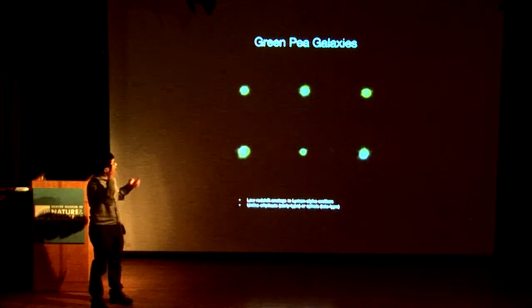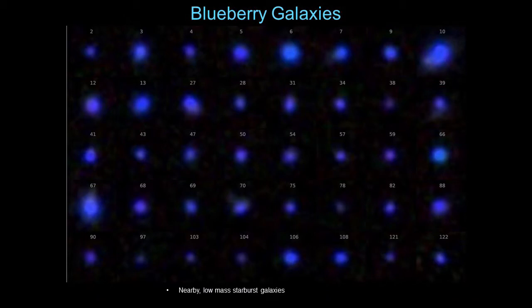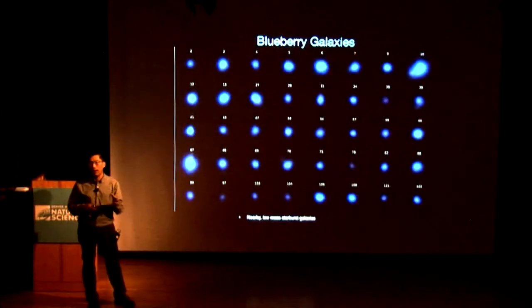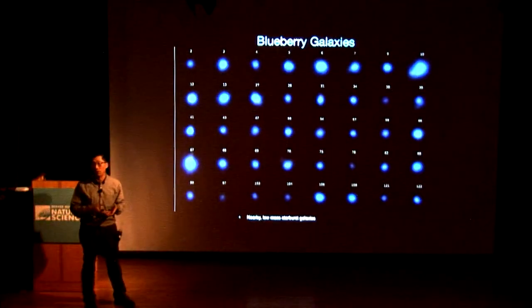So here's one, this green pea galaxy, and then continuing along this food theme, there are also the blueberry galaxies that have recently been discovered. This is from a paper from last year. They're again relatively nearby, and they appear very blue, which means that they have really young, massive stars, which tend to look very blue.